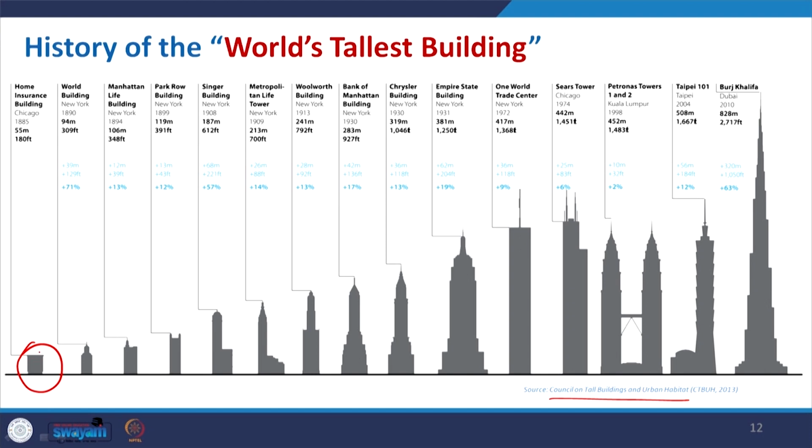Compared to the height of other buildings, the Home Insurance Building was definitely not that great, but it is also included in this list, and that was in 1885; now we are already in 2019, 2020. So, here you can see the many changes. The list includes the Petronas Towers and the Taipei tower in Taiwan, and also One World Trade Center, where the Twin Towers once stood but unfortunately were lost, and it has been rebuilt.